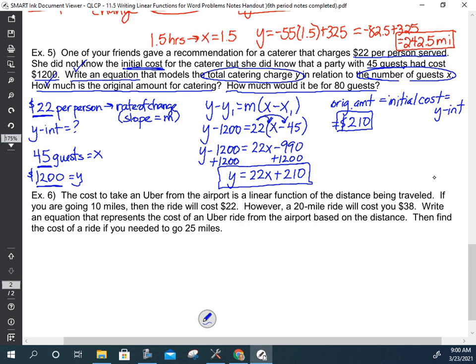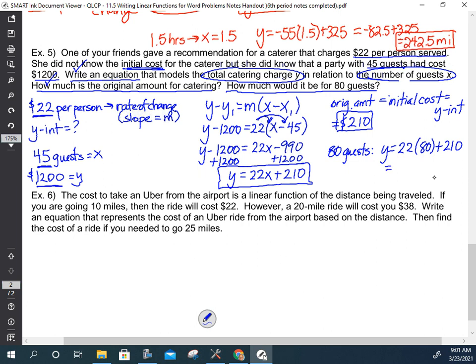How much would it be for 80 guests? So instead of 45 guests, we want to know how much it is for 80 guests. So instead of X equaling 45, you're going to make X equal to 80. So for 80 guests, that's Y equals 22 times 80 plus 210.